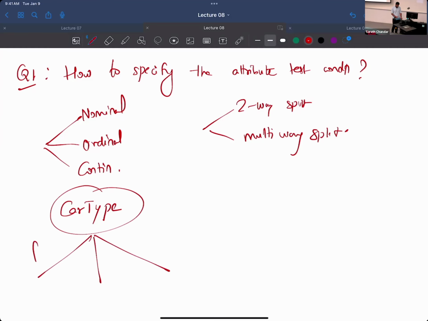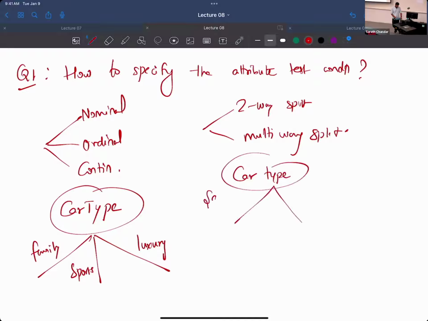One for family, one for sports, and one for luxury. So this is a multi-way split, but you can also just do two-way splits. For example, I could take car type and classify it so that whenever it's either sports or luxury, it goes one side, and the family car goes the other side.